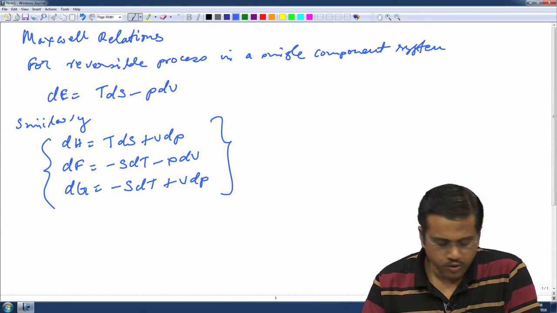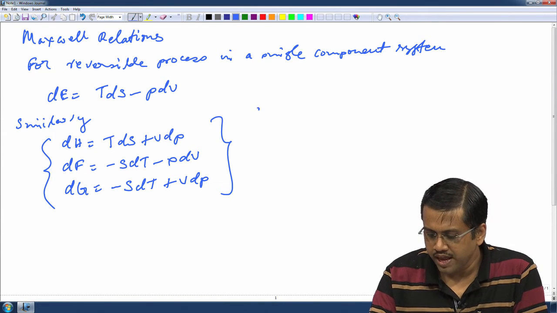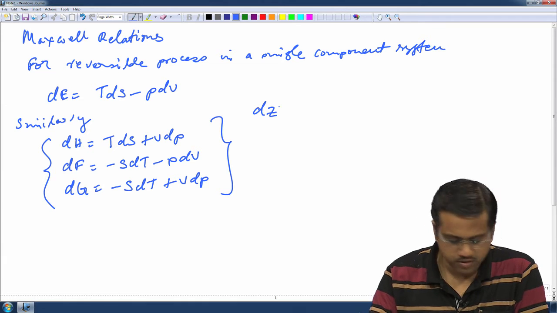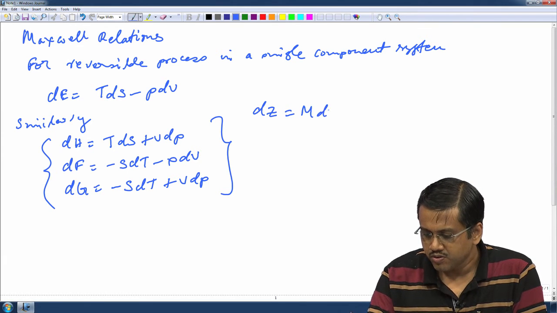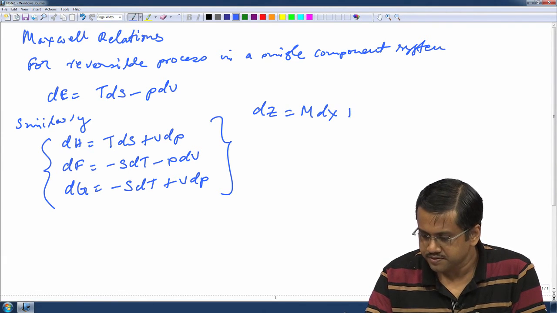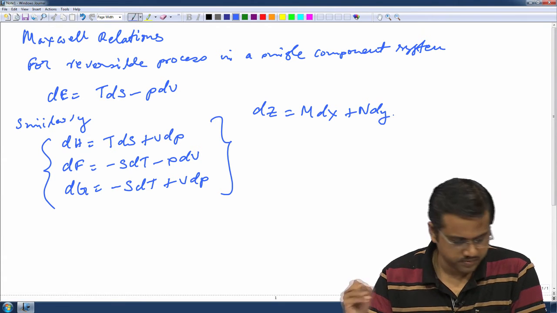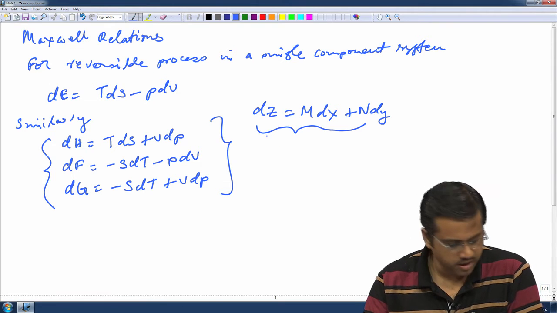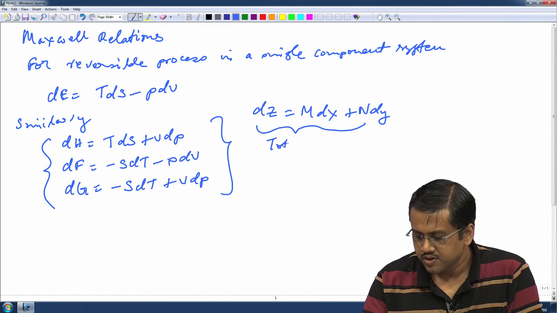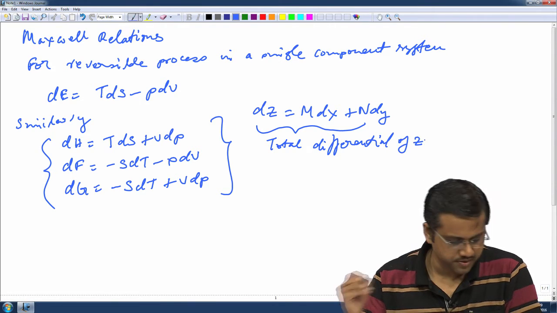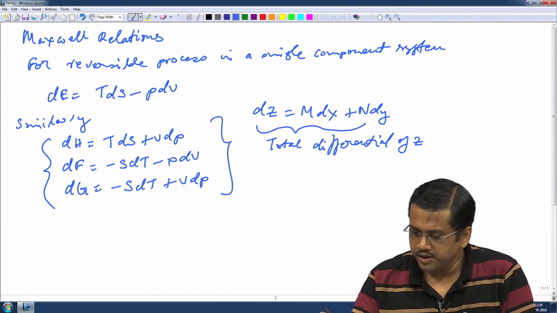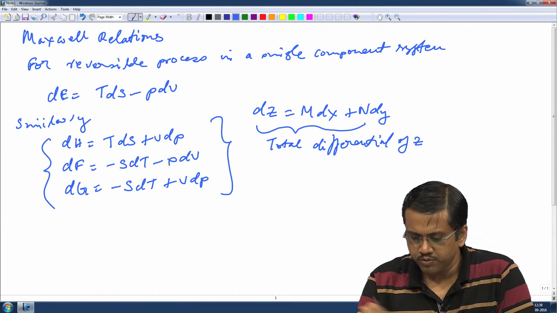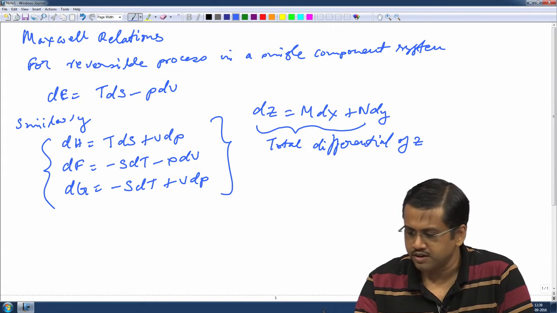Now, if you look at all these forms, they all have a generalized format, which is given as this. This is basically what we call the total differential of Z. See, all the forms have exactly that particular format.